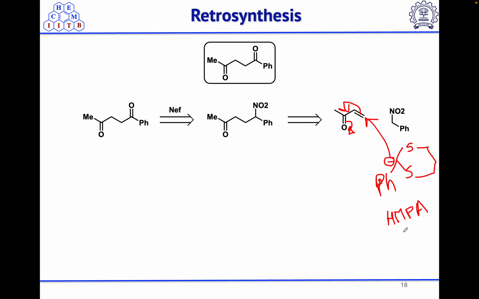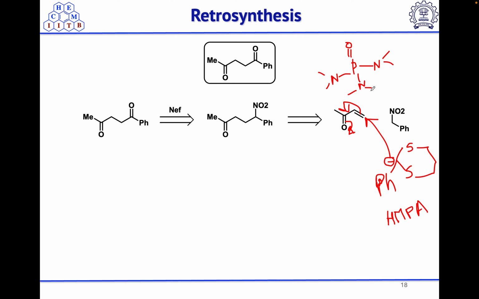Basically HMPA is hexamethylphosphoramide, so P double bond O, and N, N, N. Each nitrogen has two methyls, so 1, 2, 3, 4, 5, 6, total 6 methyls. So hexamethylphosphoramide, this is HMPA.